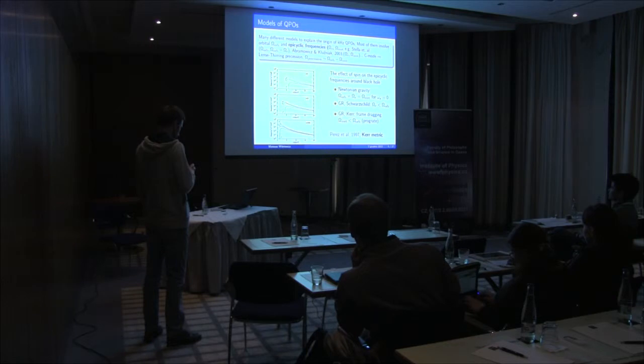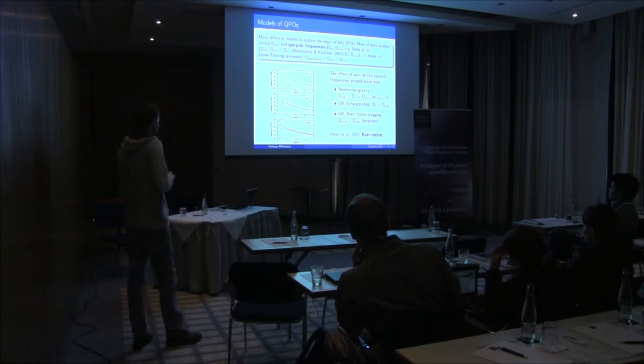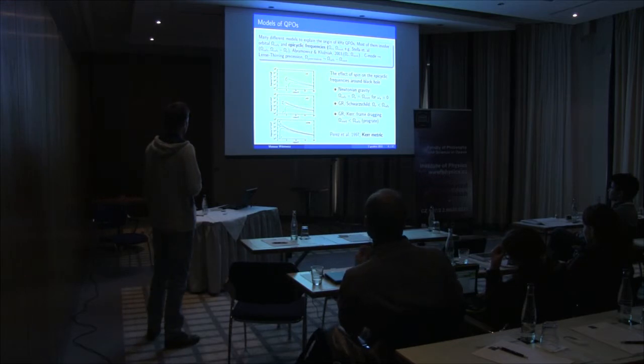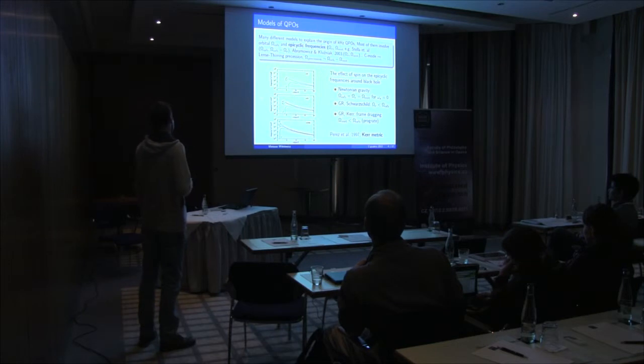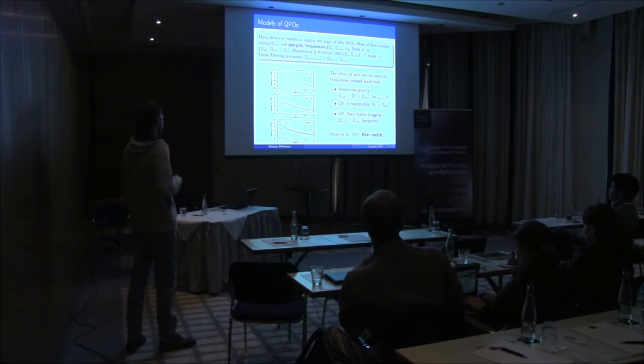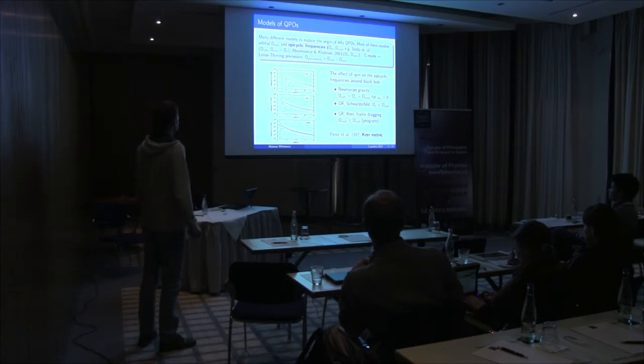In this picture, on the horizontal axis we have the radius of the disk, and on the vertical axis we have the frequency of the epicyclic frequencies and the orbital.